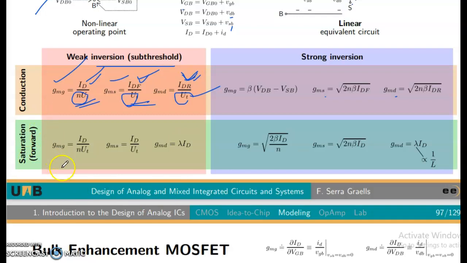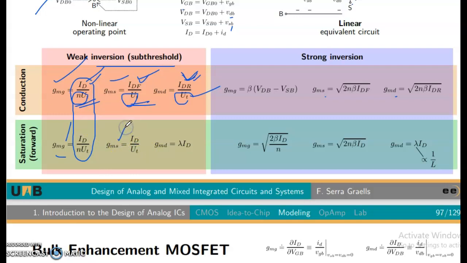Here in saturation mode, GMG, that is GM in gate, is the same. In conduction and saturation forward, it is the same. But here in source it is different: ID forward divided by UT.